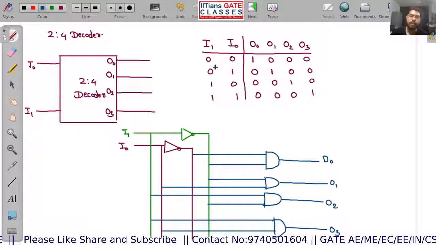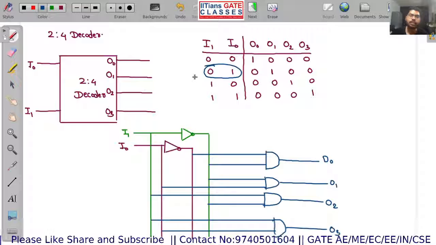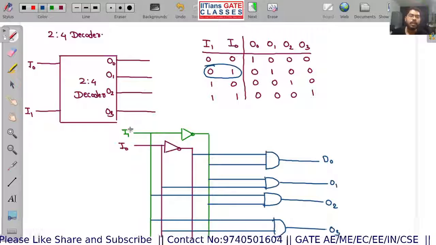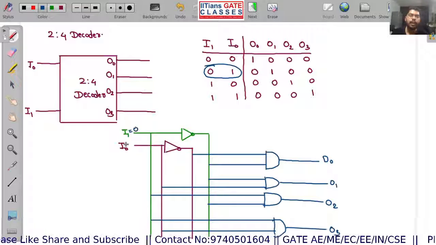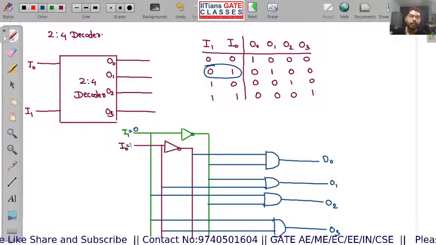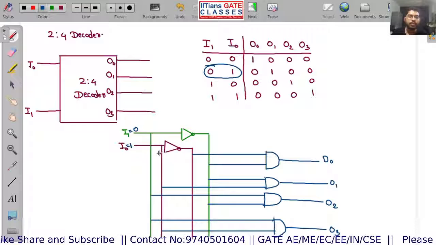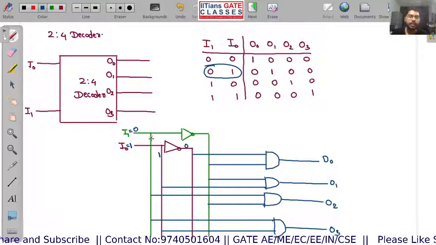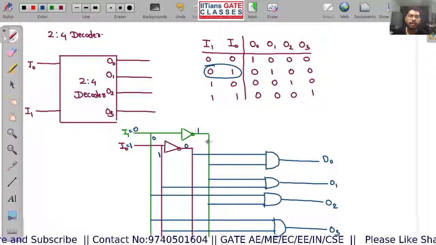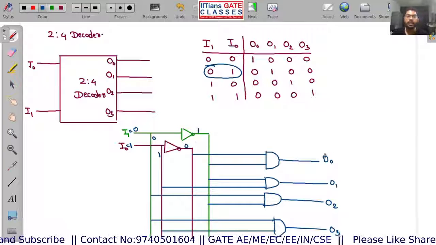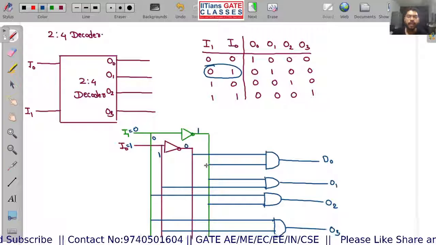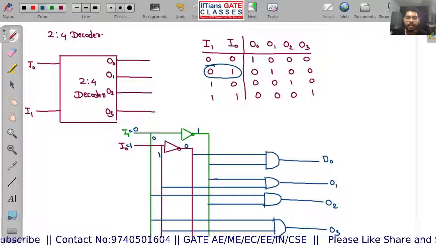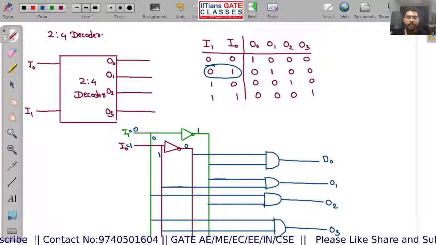Now suppose, let me show you for this case: I1 equal to 0 and I0 equal to 1. If this is 1, this line is 1 and this line is 0, and if this is 0, this line is 0 and this line is 1. See which of them is getting activated. This line is having 1, and even this is having 1.